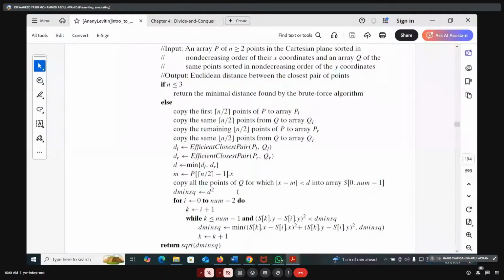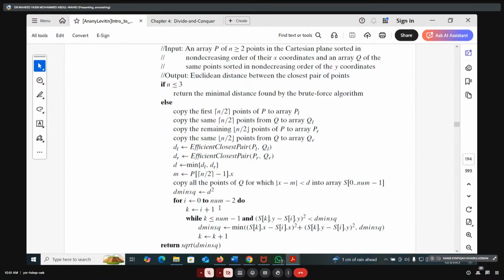So here m equals P of n divided by 2 minus 1, multiply x. Copy all points of Q for each x minus m less than d into array S of 0 to num minus 1. Dminsq equals d power 2.